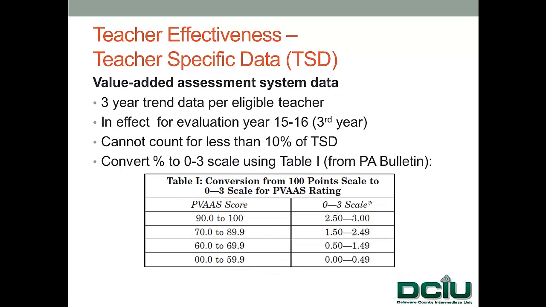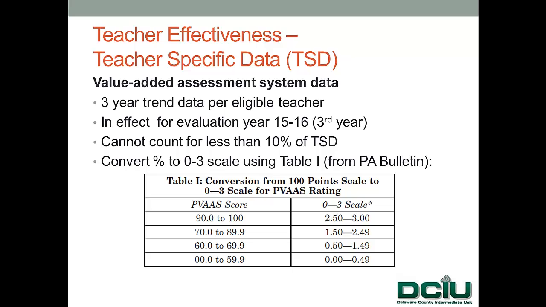Second, and this is perhaps the portion we are most familiar with, value-added assessment system data. This is the 3-year trend data rooted in PVAS, looking at teacher impact on student growth, again, for eligible teachers. If a teacher is not eligible for a PVAS rating, then this portion of teacher-specific data will not apply.